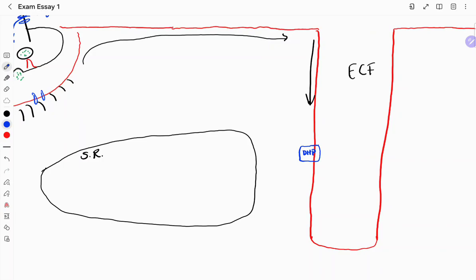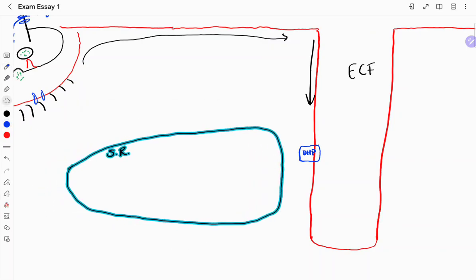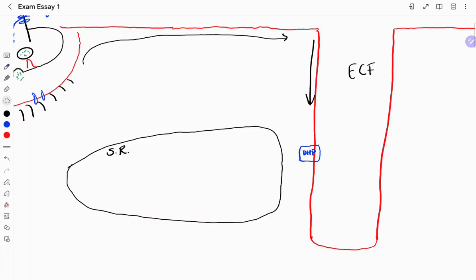And then in the sarcoplasmic reticulum membrane, we have another channel, I guess I'll just do blue, called our ryanodine channel, so abbreviate that as RYR.